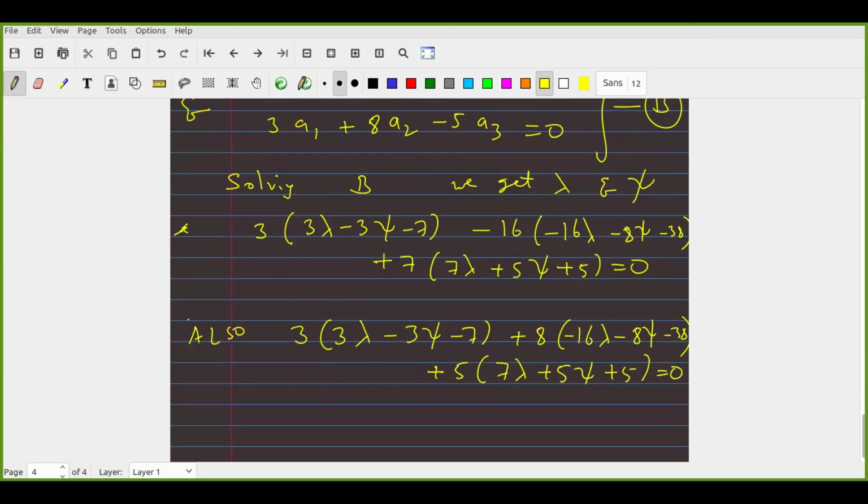These two, I'm putting in orange. This is the first equation, this is the second equation.